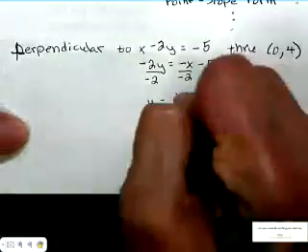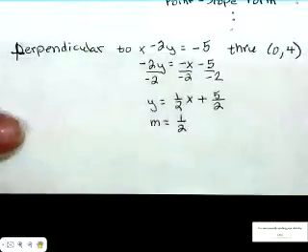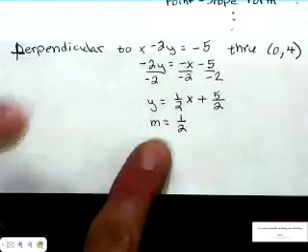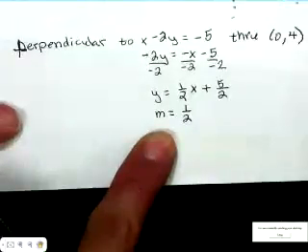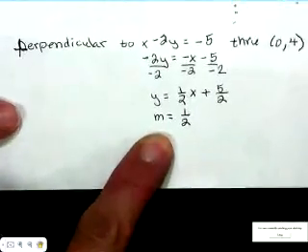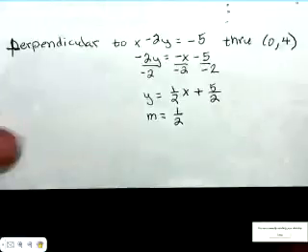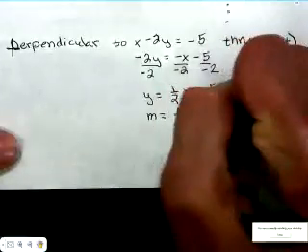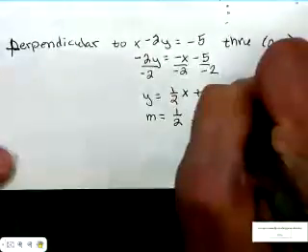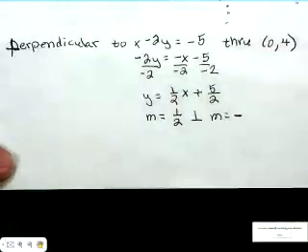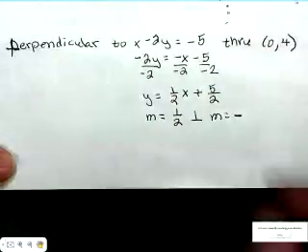One-half. And if I ask you for a line parallel to this line, what would you use for the slope? Parallel. Same thing. You'd use 1/2. But if I say perpendicular, then what do you have to use for the slope? Negative, not negative 1/2, but -2, opposite and reciprocal.